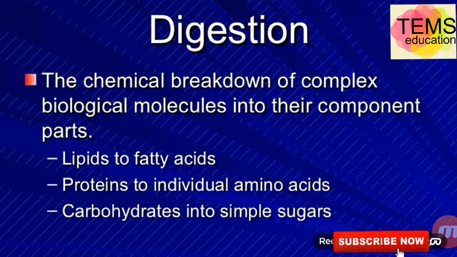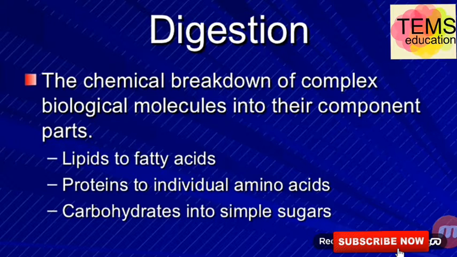The movement pushes the food and liquid through your GI tract and mixes the contents within each organ. The muscles behind the food contract and squeeze the food forward, while the muscles in front of the food relax and allow the food to move. So the digestive function starts from the mouth.